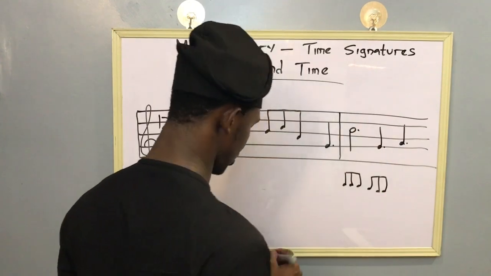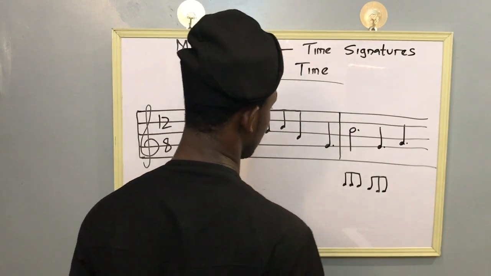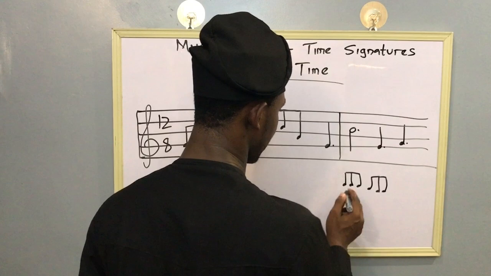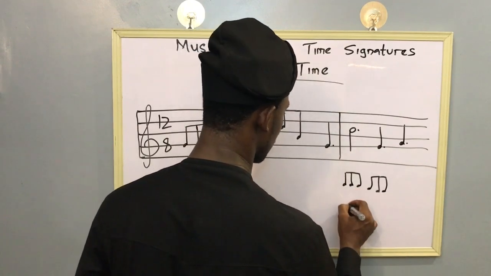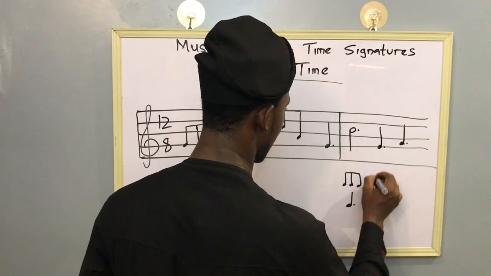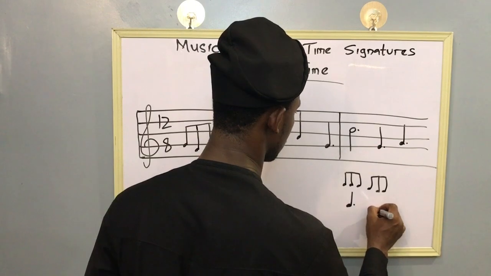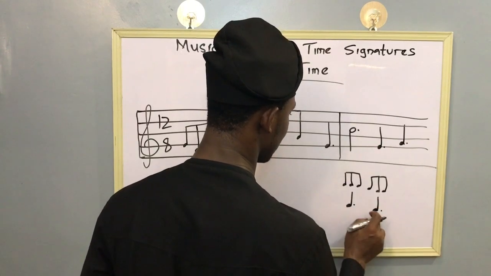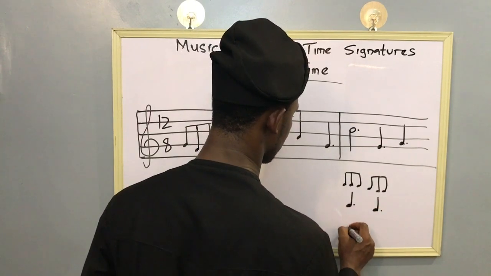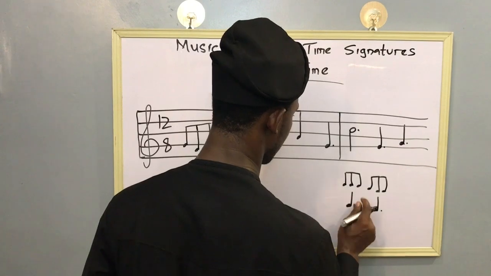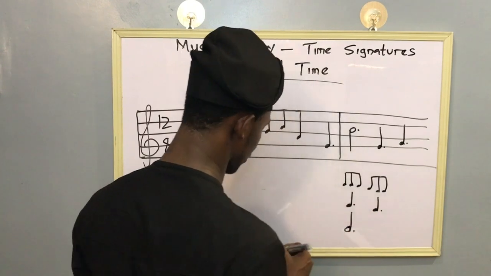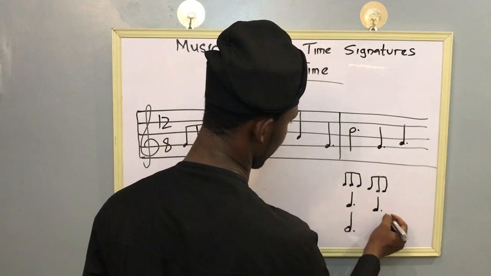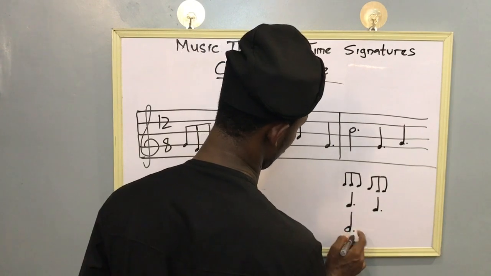That means this dotted meaning. Okay, it will mean this, because this one will give us a dotted crochet and this one is another dotted crochet. Okay, so if we add these crochets together, and if we add these dots together, it's another dot. Okay, so this is quaver, quaver, quaver plus quaver will give you a crochet.